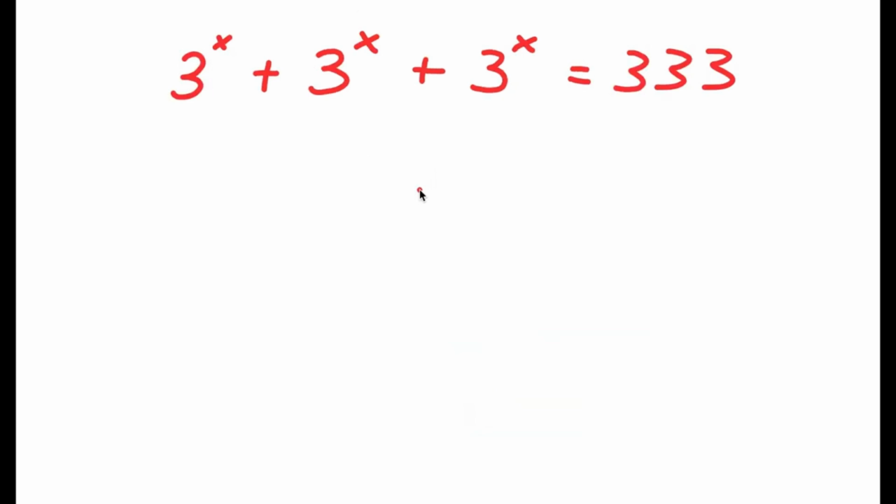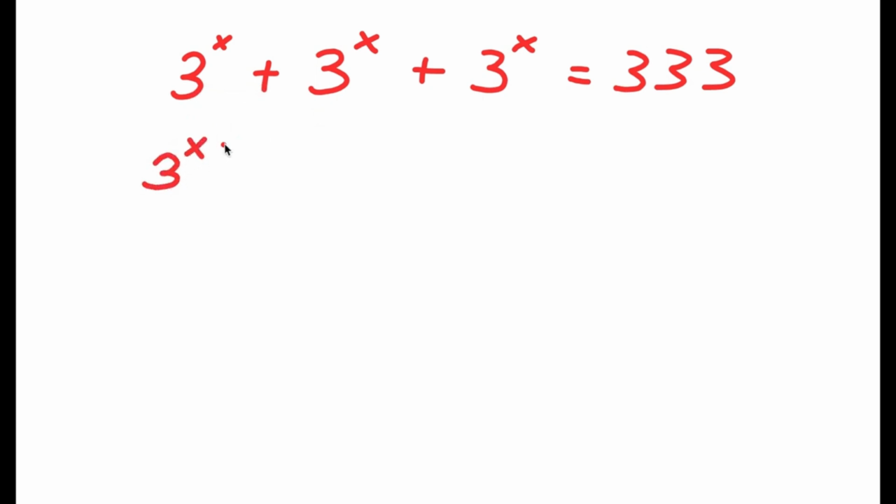Alright, so in this problem, I have 3 to the power of x plus 3 to the power of x plus 3 to the power of x is equal to 333. So, the first thing I'm going to do is factor out 3 to the power of x from my left-hand side.